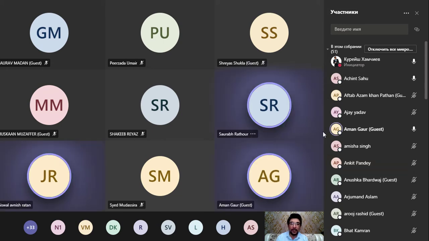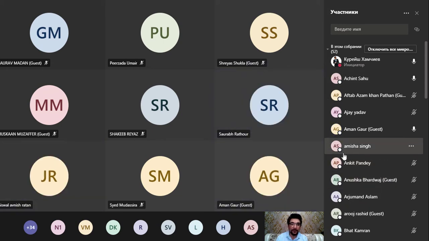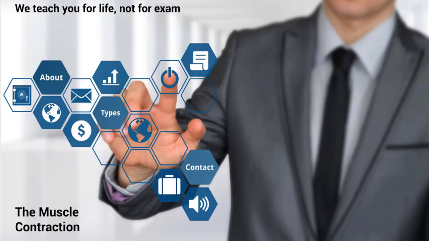Okay, let's start, guys. As you see, our logo of our department, we teach you for life, not for exam. And today, our topic is the muscle contraction. Really, it is the last lecture, fifth lecture.